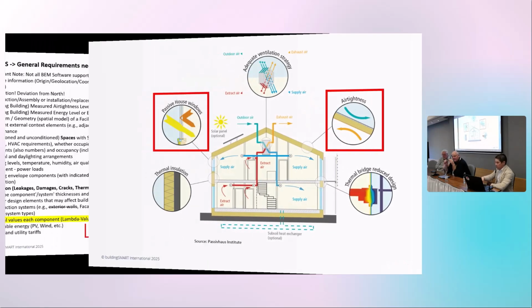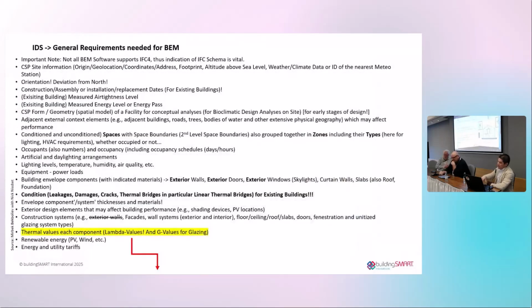Why is it important? These are, let's say, bullet points of the whole IDM, BIM and BAM project in the past. What you need to focus on, how we can create, how we can improve. As you can see, just spaces. If you want to run an energy simulation, you will need spaces, not only building envelope.